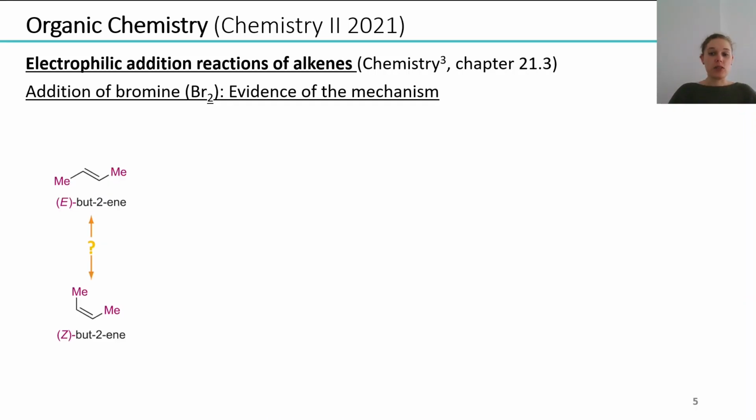After the evidence of the anti-addition, we now want to understand what happens if we use substituted alkenes, because then the reaction will be stereospecific. And why this is the case, we can clarify by investigating what happens if we use E-but-2-ene or Z-but-2-ene.